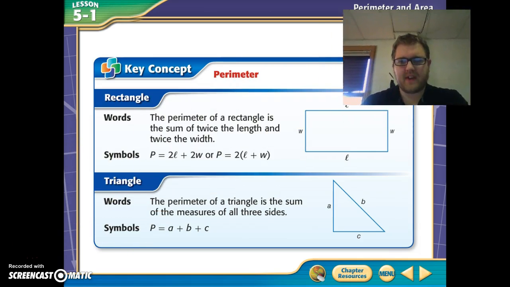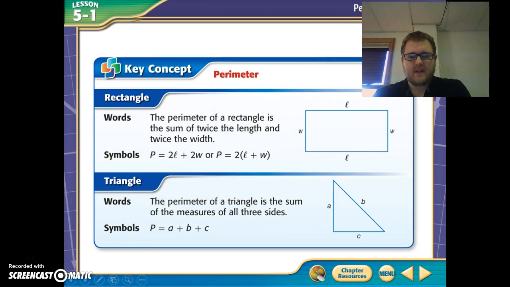So just a couple key concepts here. The perimeter of a rectangle would be the sum of all four sides, and we can write that in a formula because if we have a rectangle, the lengths are each going to be equal to each other, and the widths have to each be equal to each other.